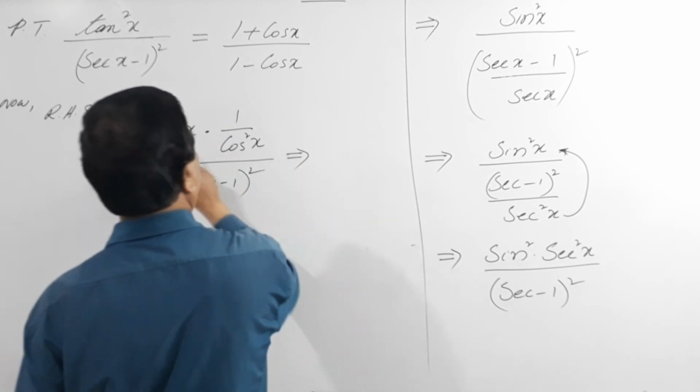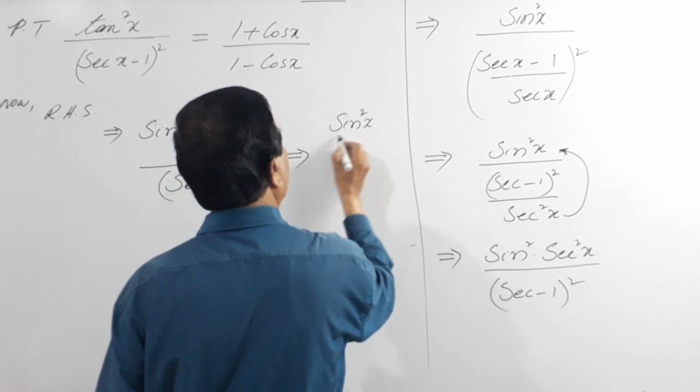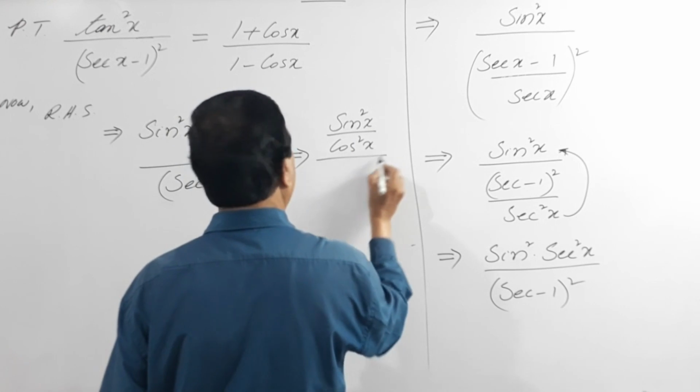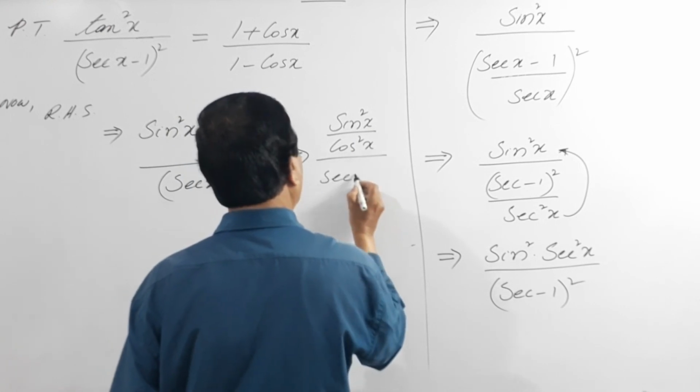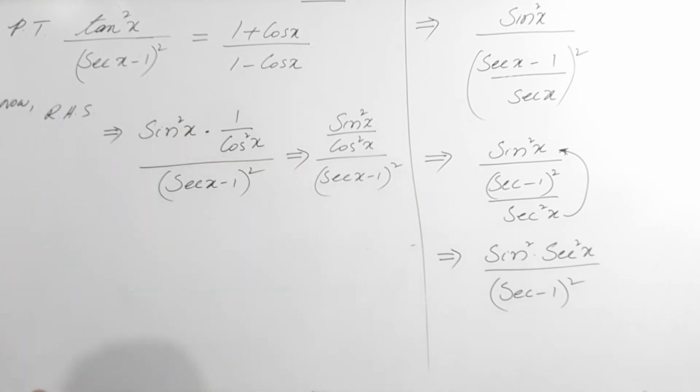This is nothing, see, sin square x by cos square x divided by secant x minus 1 the whole square.